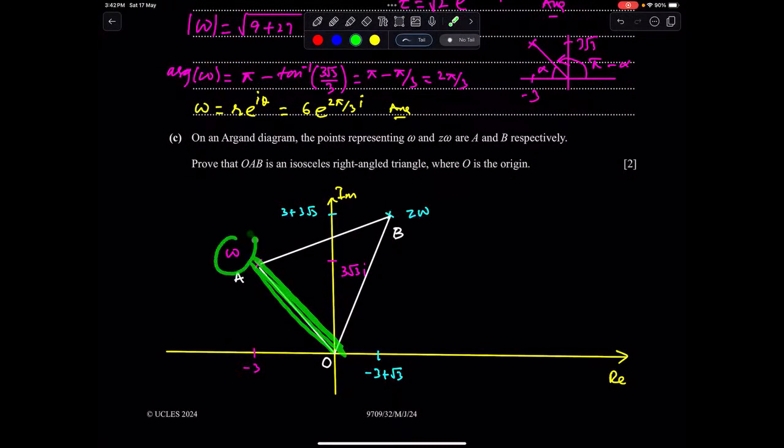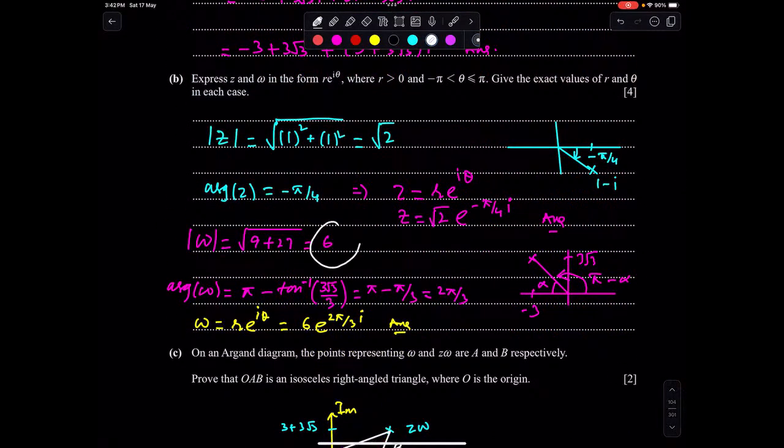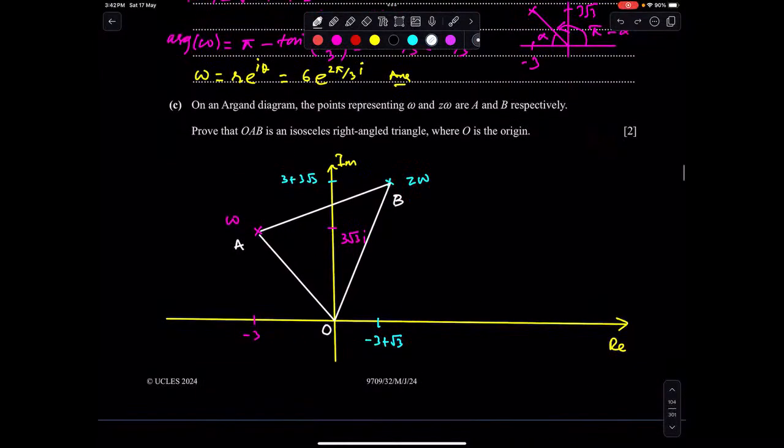So this is omega, and we already have its magnitude here, 6. So the length of this complex number is 6, OA. Now get the length of this number and then this one. First find AB.